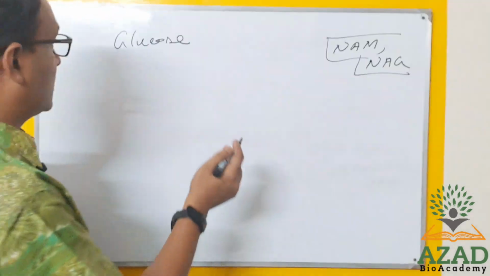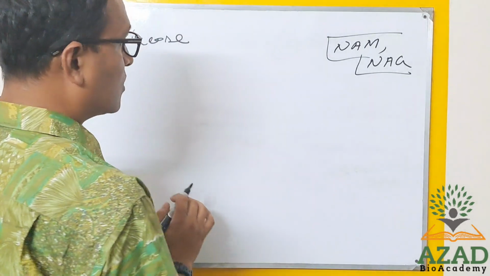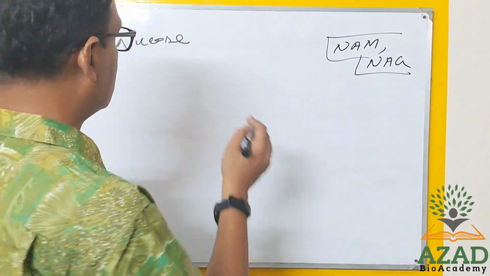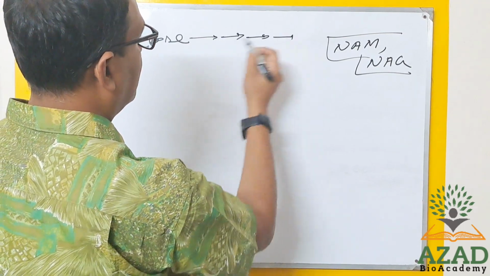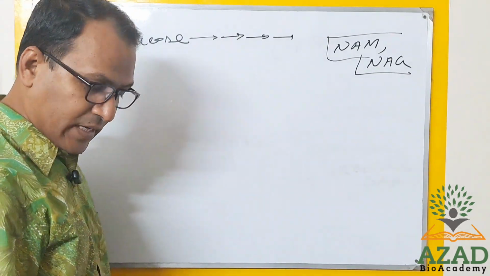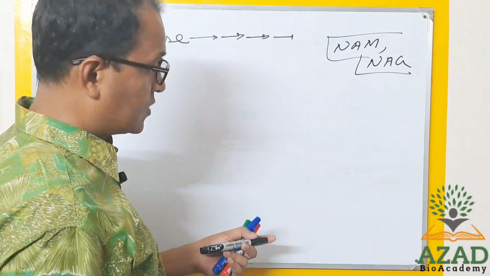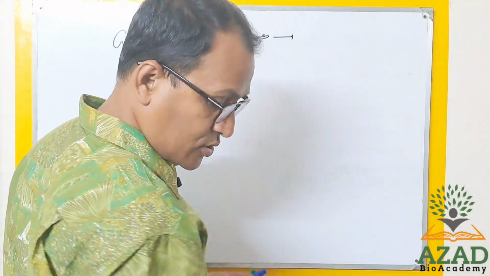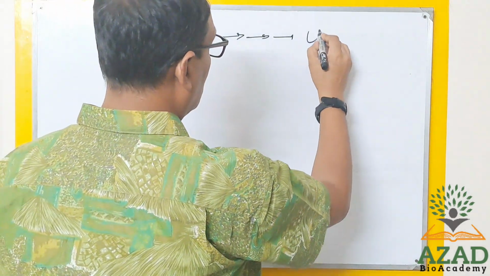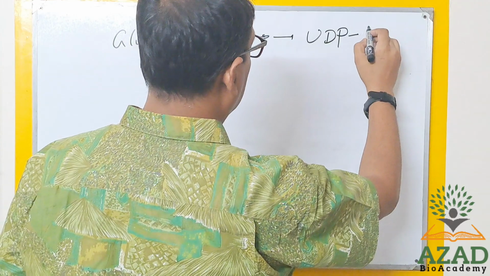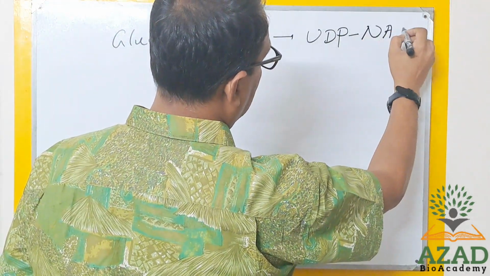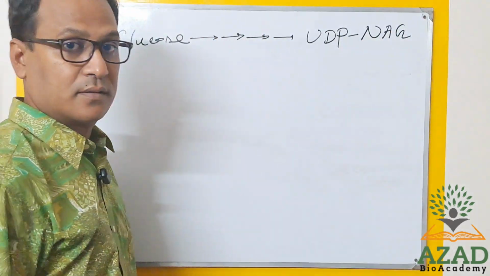I will go further. Glucose, or you can also take fructose, will follow some steps and then turn into UDP-N-acetylglucosamine.